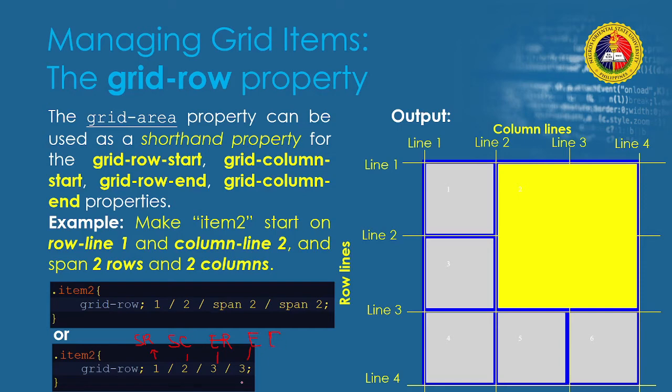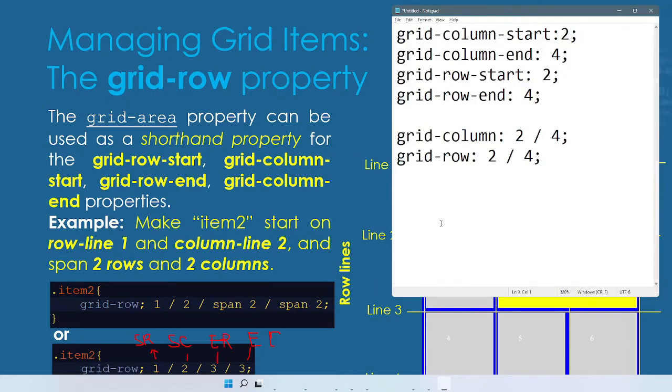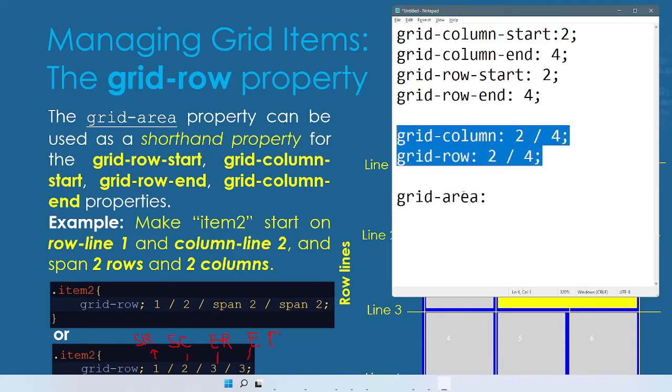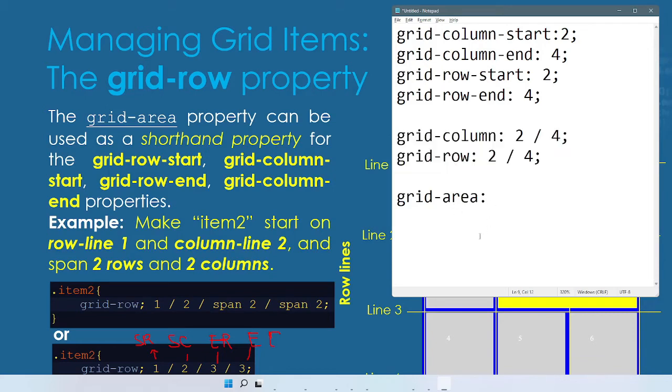You can just write it in one line, or katong atong gibot kay na. So again, the first one is the start row, and then start column, and then end row, end column. So for example, kani, how we're going to set it much easier, then we will say grid area, and then unsa to? For example, kani unsa na to ni mahimong usa ka line na lang. The first line is the first, okay, 2, that is the row, and then another 2 na pod, and then 4 and 4.